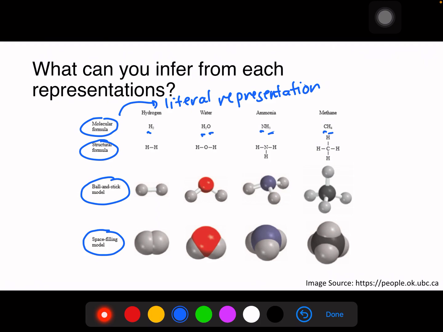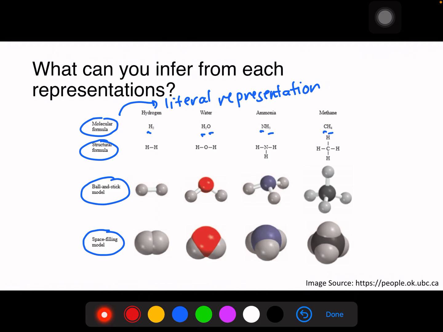So next one is structural formula. So structural formula uses a letter that is connected by a line. So the letter corresponds to the element, and the line, as you could see, we have here the line that corresponds to the bond, meaning for this case we have an H line and an H. It means that the hydrogen atom is bonded to another hydrogen atom.